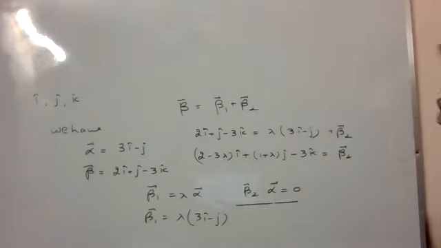And now we have the condition beta 2 dot alpha is 0.